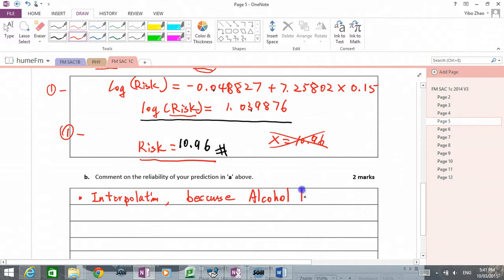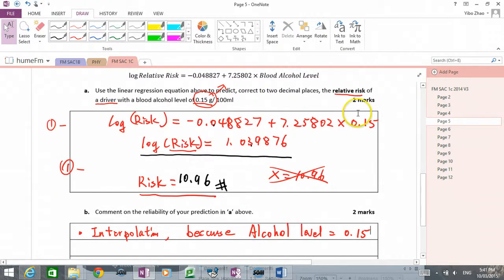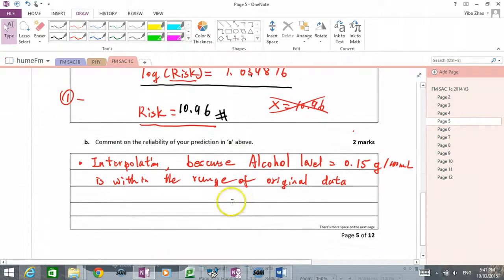So when the alcohol level is 0.15, remember put all this in full sentence, 0.15 gram per 100 ml, is within the range of original data. Okay, so this is interpolation. You get 1 mark out of it.